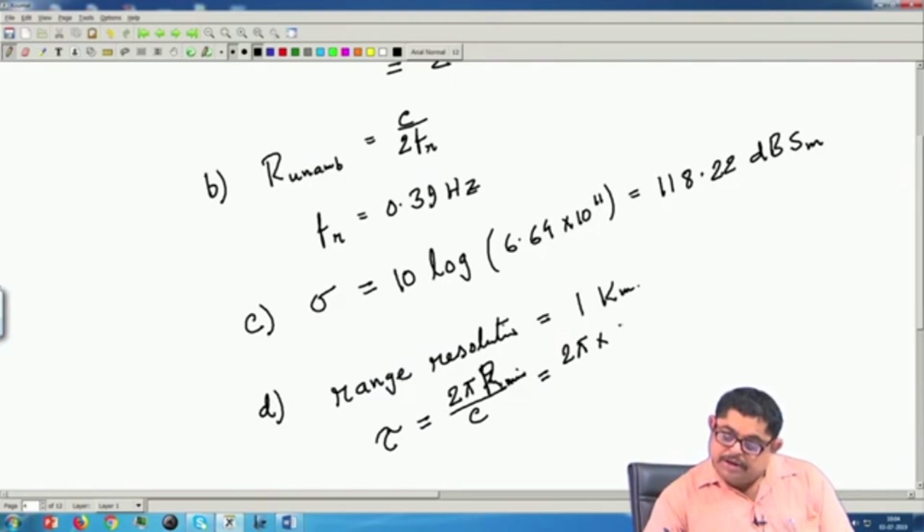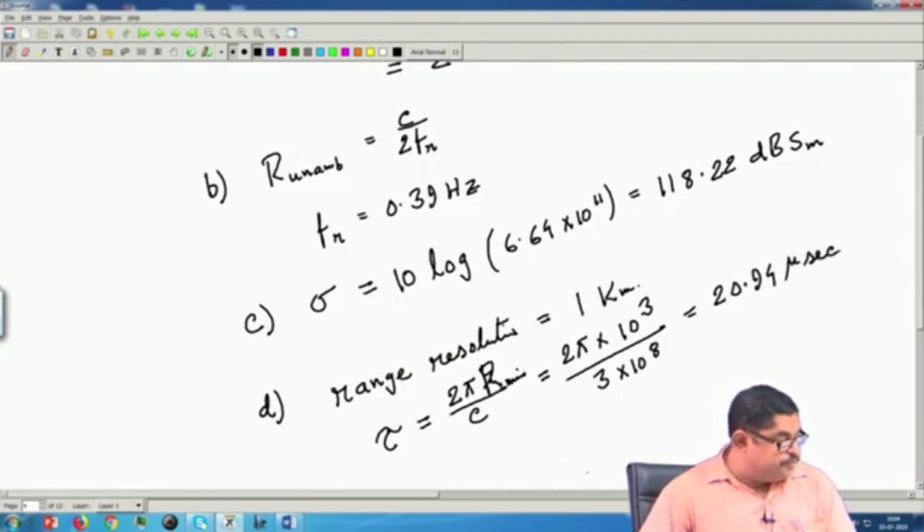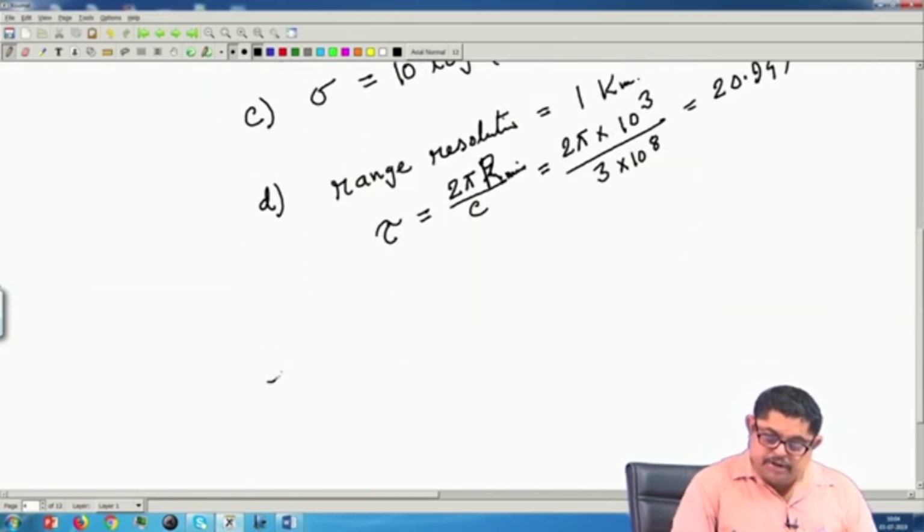So, 1 kilometer means 10 to the power 3 meters by 3 into 10 to the power 8. So, this will be 20.94 microseconds. Okay.